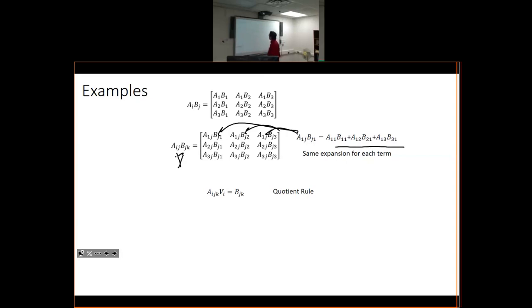Now, if you have a third order tensor and multiply with a second order tensor, the outcome of this is a second order tensor. So there is a reduction of the order if you multiply the higher order tensor by a smaller order tensor.